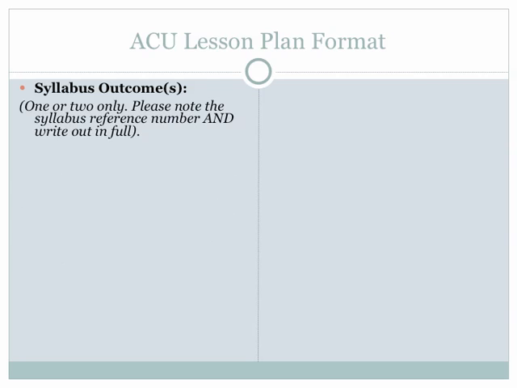In your lesson plan, you are asked to list the syllabus outcomes. It says one or two only. It says to write them out in full. When you're selecting your syllabus outcomes, you won't be trying to cover a number. In one lesson, you won't be trying to cover all of the syllabus outcomes.